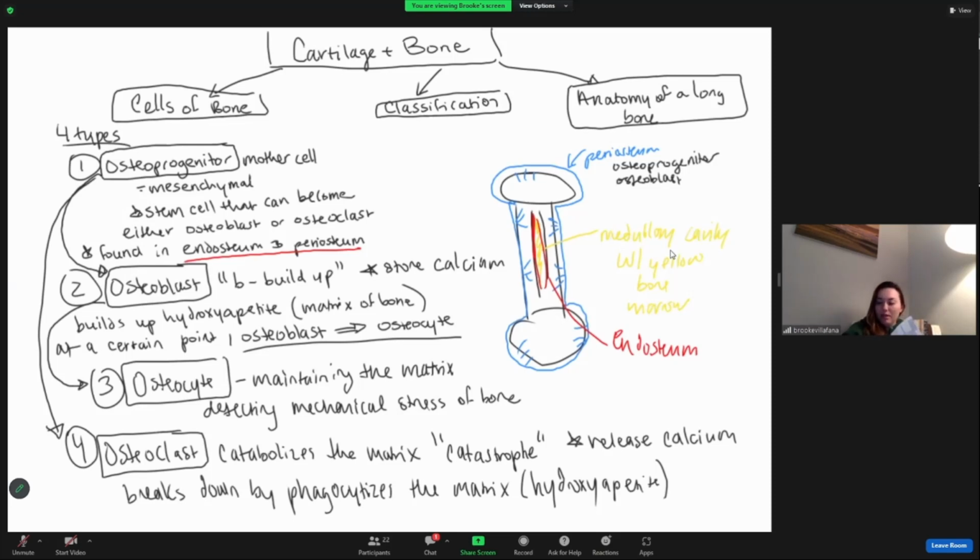And then the endosteum has osteoprogenitor, osteoblast, and osteoclast. The osteocytes are found basically within the lamellae, which we're going to talk about next as well. So those are the 4 types of bone cells.